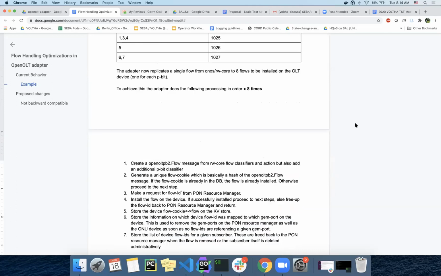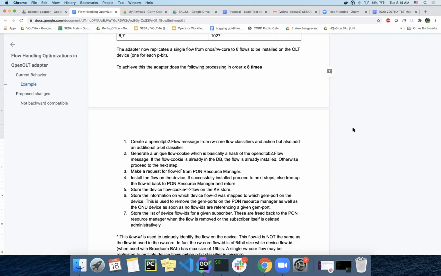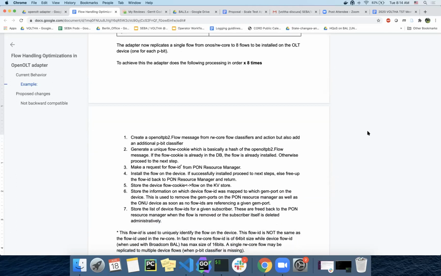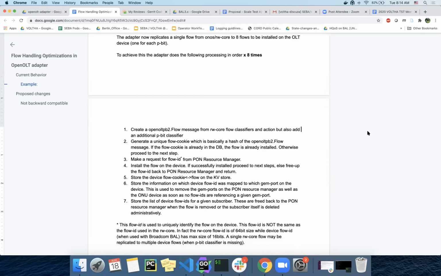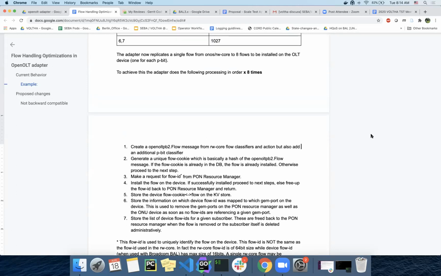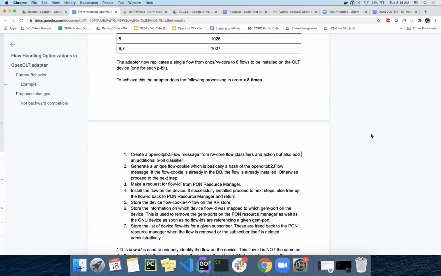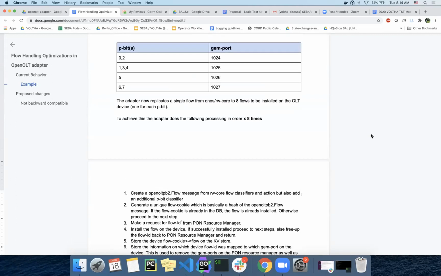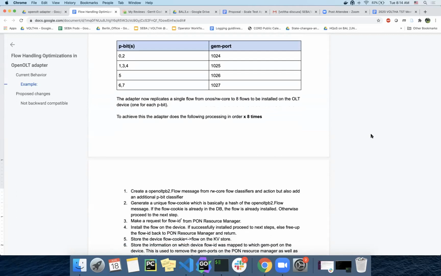That is, if the flow does not carry a p-bit classifier. You don't pre-allocate when you talk to the PON resource manager. You don't say, I know I'm going to do this 8 times, so give me 8 IDs. Instead, you repeat the process with all the calls one time. It's one flow ID per request, as opposed to a bulk request.